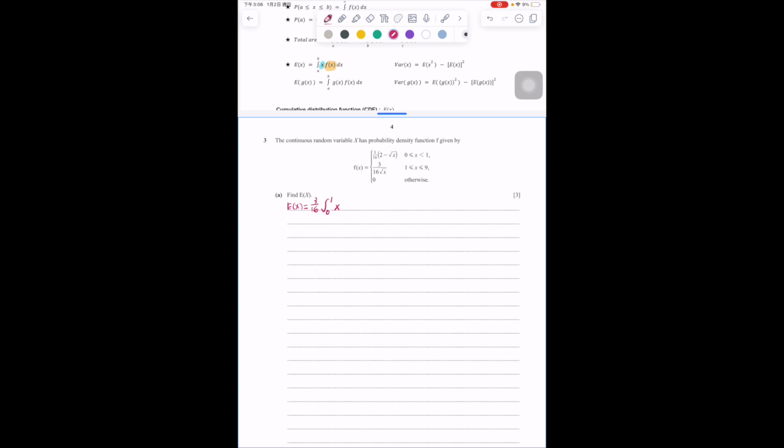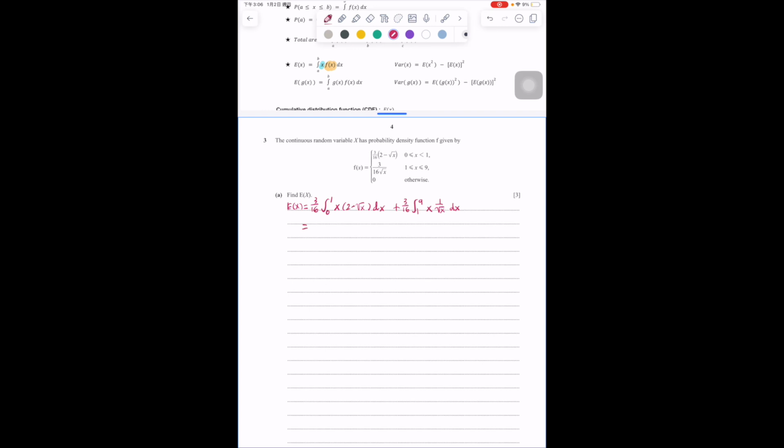And then we have the other part, from 1 to 9, of x times our f(x), which is 3/16 times square root of x. Again, we can put our constant out there and leave the x here.